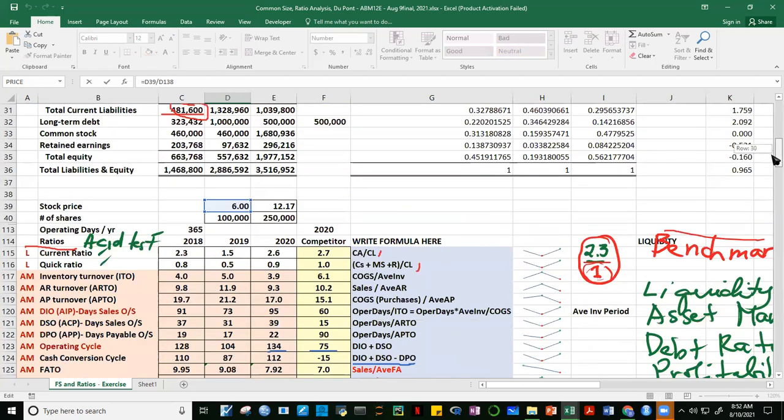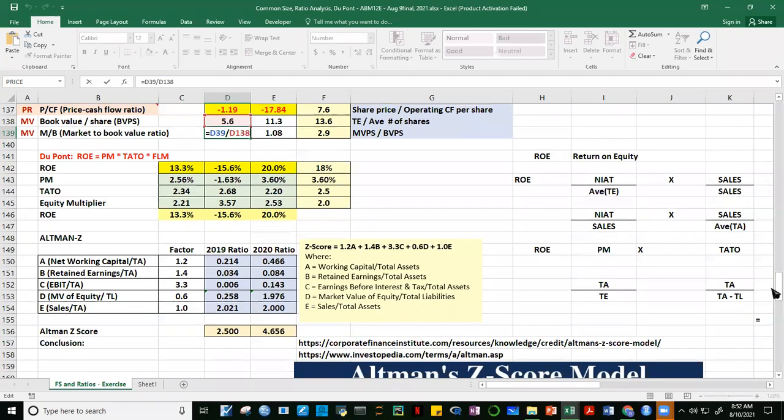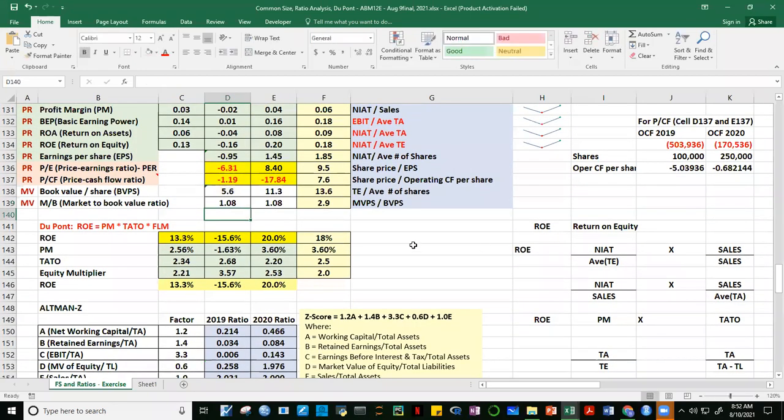So 6 pesos market value divided by book value, which is yung 5.6. So, ibig sabihin, mas mataas yung market value natin kaysa sa book value, 1.08.